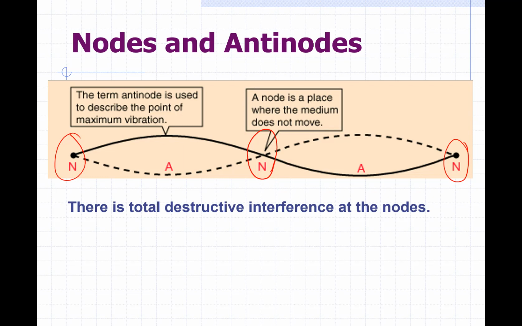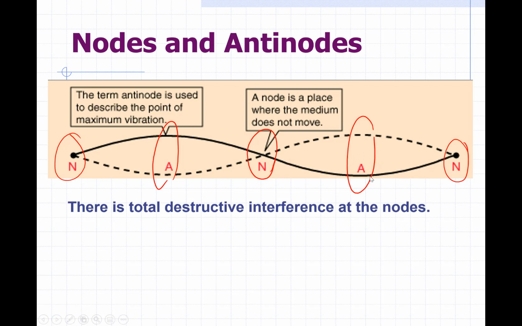The locations where we get constructive interference are always halfway between the nodes, and they're called antinodes. They're going to be the maximum amount of constructive interference, where we see these bulges here.